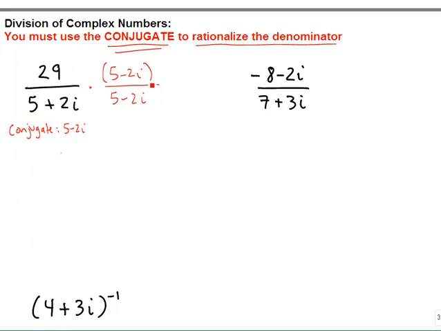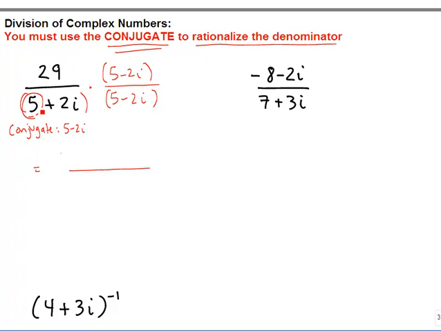I'm going to wrap all of these in parentheses to help remind me that I do need to be distributing here. So let's do the denominator first. When I see this denominator, because I'm using a conjugate, you will always have a difference of squares pattern in your denominator, just like the last example we did. So instead of foiling this all out, I know already what I'm going to get.